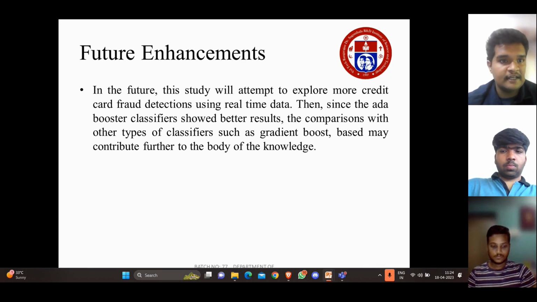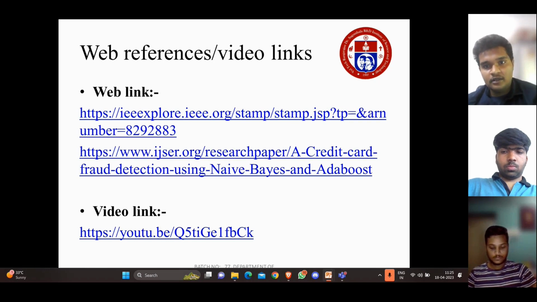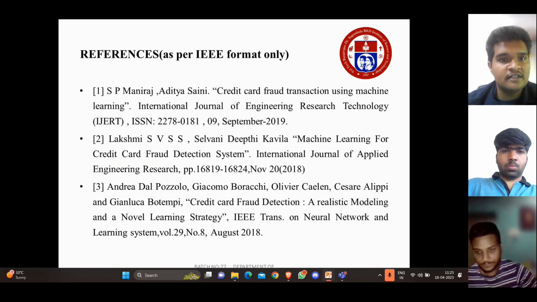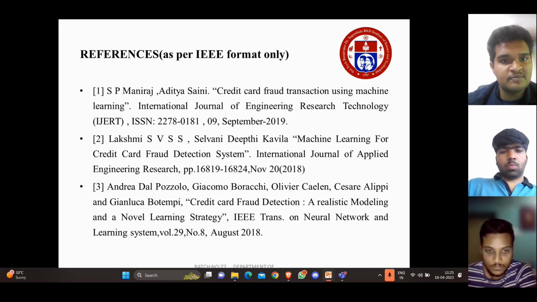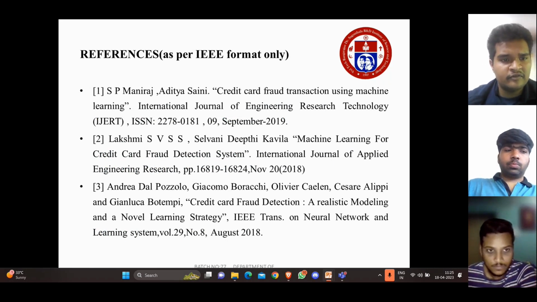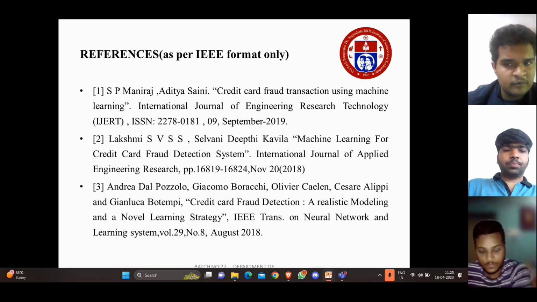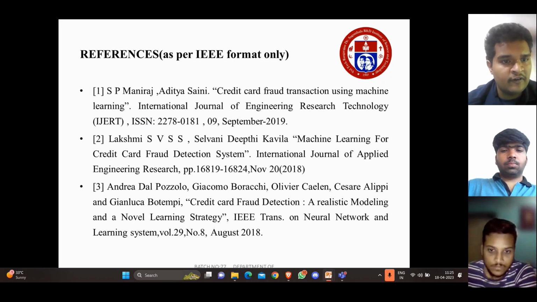Next slide. These are some of the web references and web links shown in the PPT. Next slide, please. As you can see, these are some of the references as per the IEEE. As was said, there are some references attached below, almost four to five.